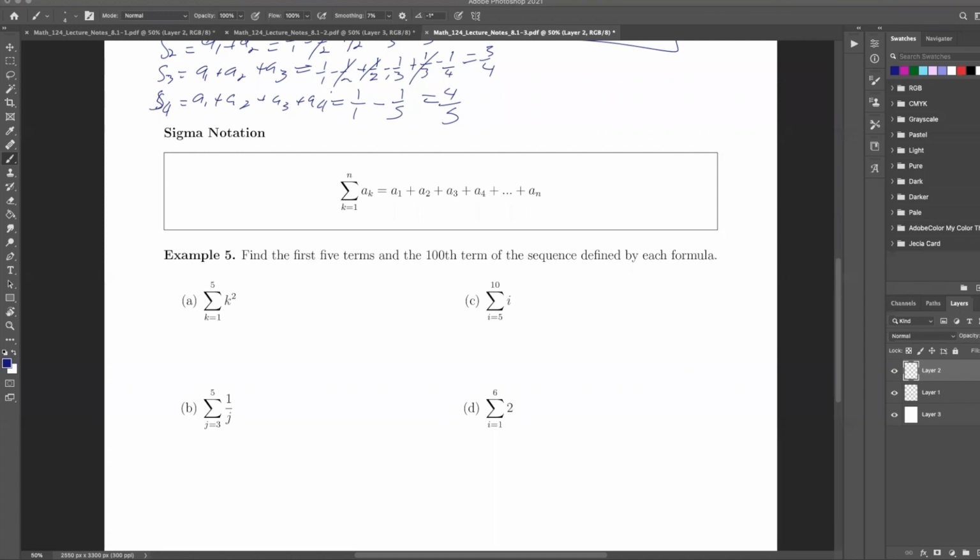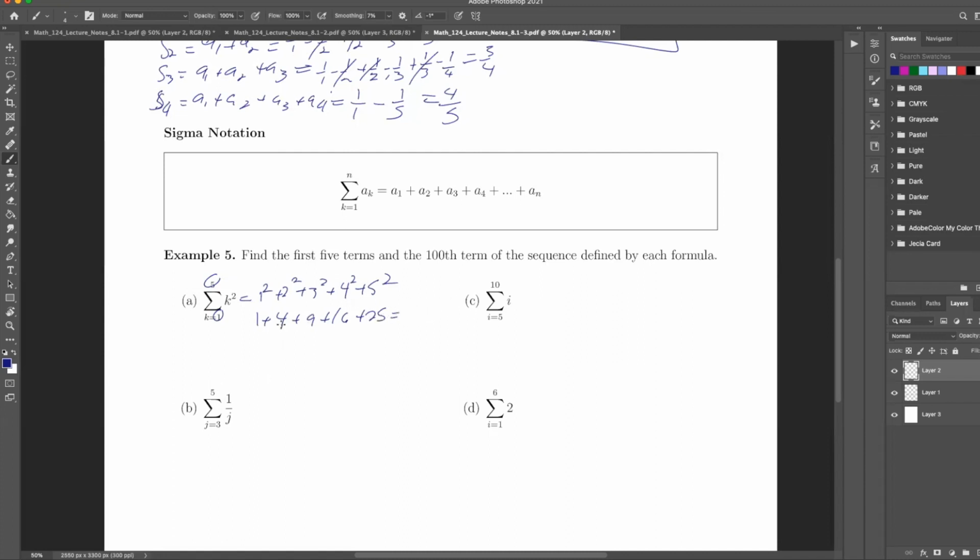All right, so here, let's do this. We're going to start at 1, go to 5, and everywhere we see a k, we're going to put in the number. So this will be 1 squared plus 2 squared plus 3 squared plus 4 squared plus 5 squared. 1 squared is 1, 2 squared is 4, 3 squared is 9, 4 squared is 16, 5 squared is 25.